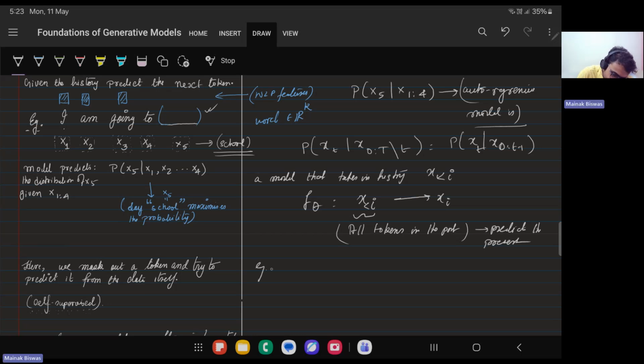An example is sentence completion. You complete a sentence. The idea is that the next word depends on the rest of the previous words.